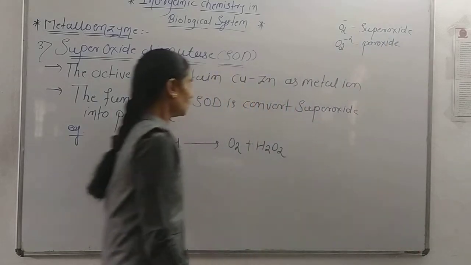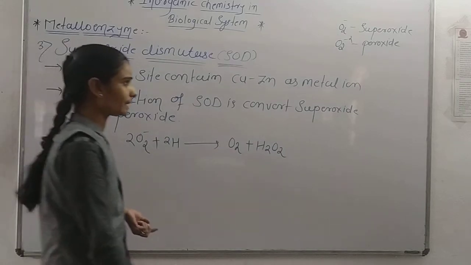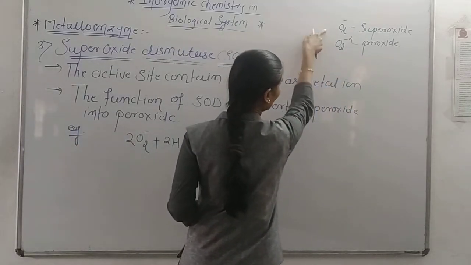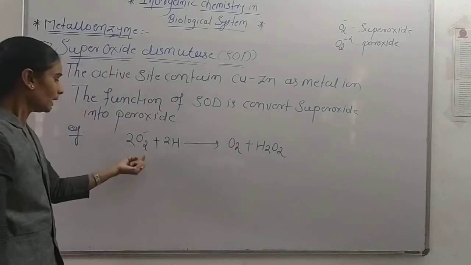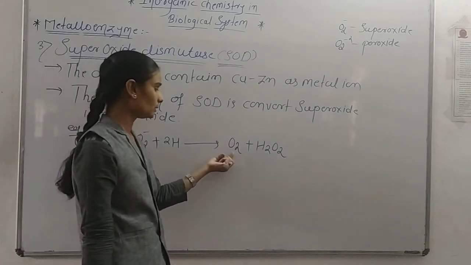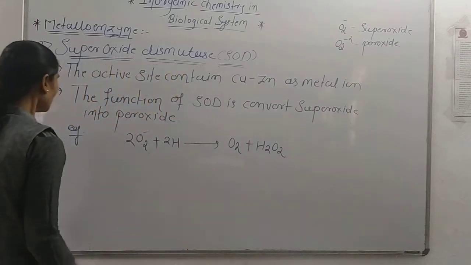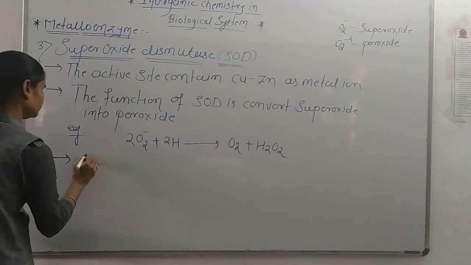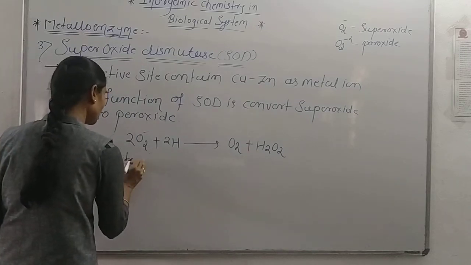So the main function of SOD, or superoxide dismutase, is that it converts superoxide into peroxide. This is the total reaction in which superoxide is converted into the oxygen molecule and peroxide. SOD is somewhat toxic in nature.